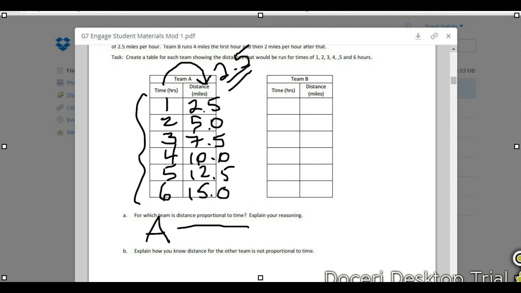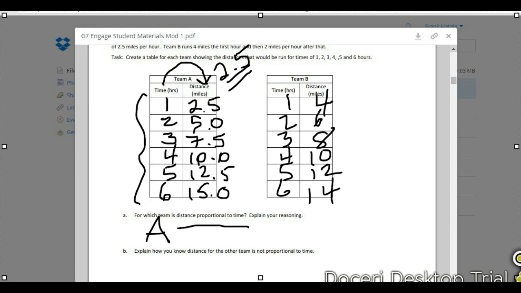Now Team B, a little bit different. They came out running 4 miles an hour right from the start, but then their pace slowed down to 2 miles per hour thereafter. So that means we have 4, 6, 8, 10, 12, and 14. We can see that it's not proportional, and that's question B right here.